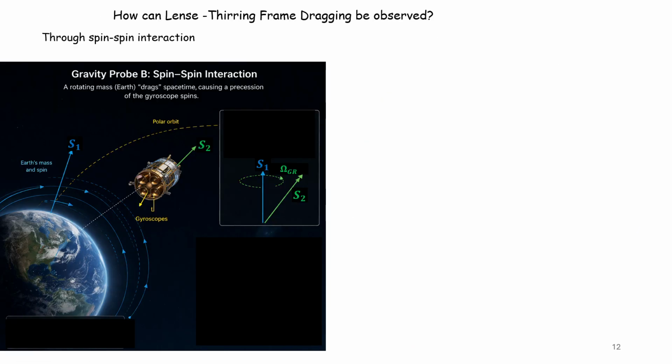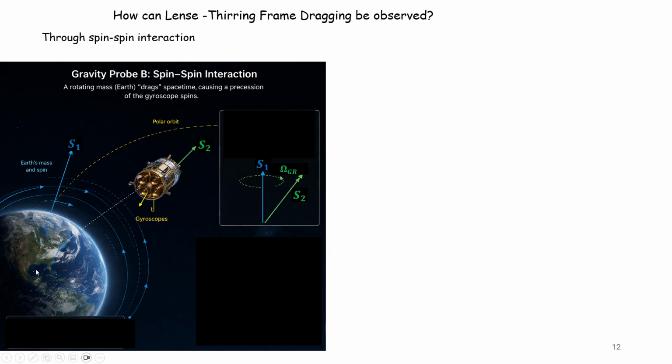So the experiment looks like this. We put these spherical objects, which are rotating, spinning, on a satellite. And then we look for the interaction with the spinning Earth. That will give us a spin interaction.